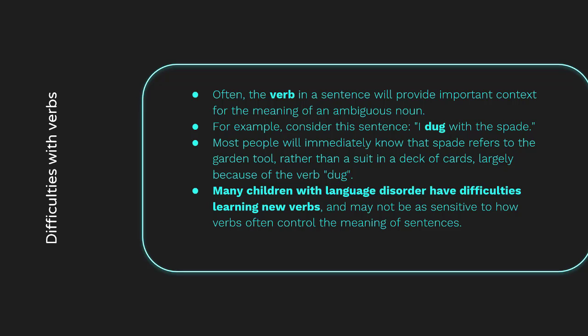So, for example, if I have a sentence like "I dug with the spade," most people will immediately go to the image of the garden tool that you dig with rather than, say, the ace of spades, largely because of the verb dug. It doesn't make sense to use that verb if we're talking about a suit in a deck of cards. Many children with language disorders have difficulties learning new verbs and may not be as sensitive to how verbs control the meanings of sentences.